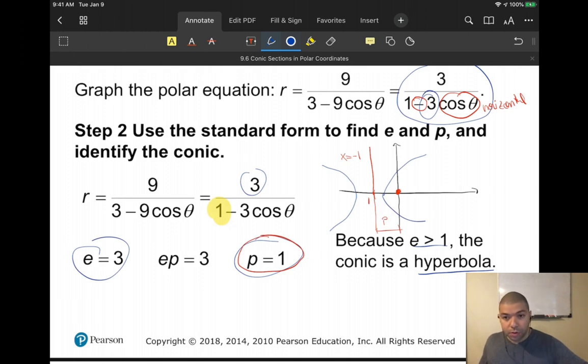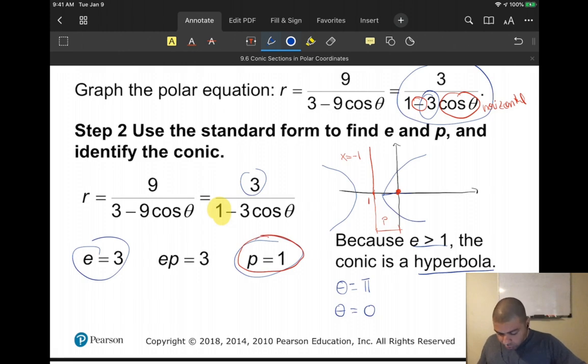So what I would do is choose theta for my point plotting. I'd choose maybe theta equals pi, to the left of the pole. I'd maybe choose 0 as well, because remember, when you point to the right and r is negative, you get a point on the left. So that's a possibility here.